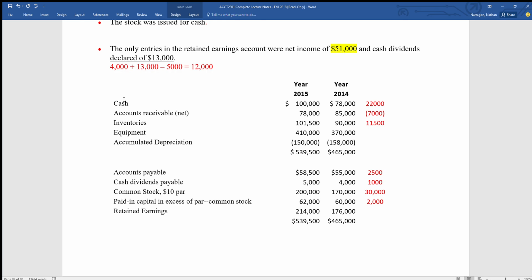So, that, I mean, there's nothing wrong. I mean, it's just somehow there's $1,000 missing, and it's looking like that's supposed to be with the cash dividends, but that's a payable going on there.